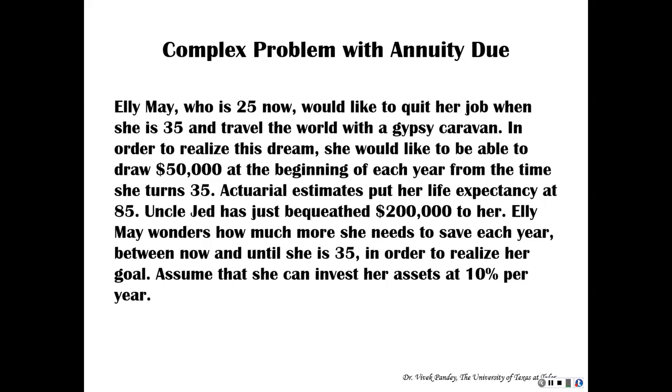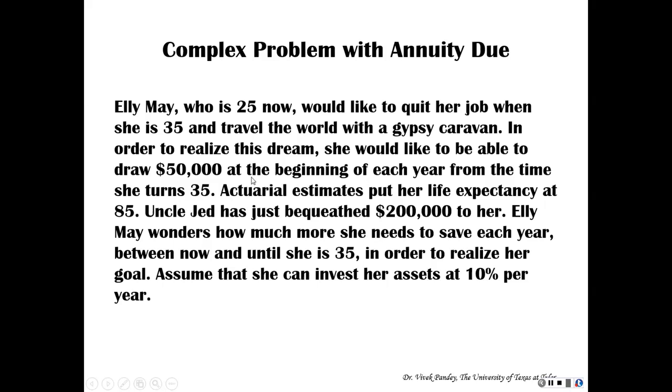All right, so basically, we see that Ellie Mae has 10 years, right? She's 25 now, and she wants to quit her job at 35 and travel the world with a gypsy caravan, which means she's going to need $50,000 per year.